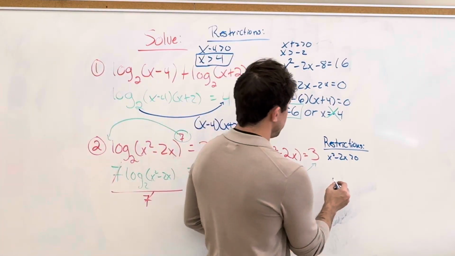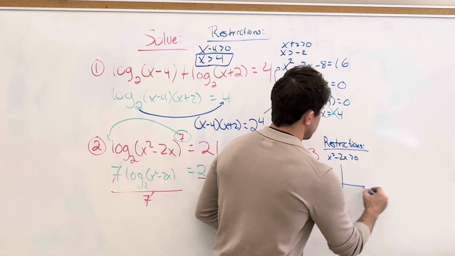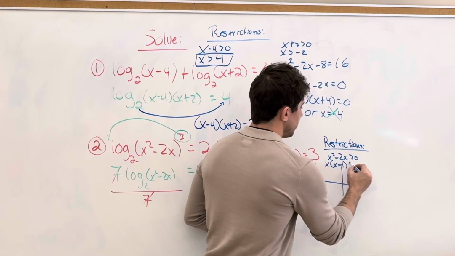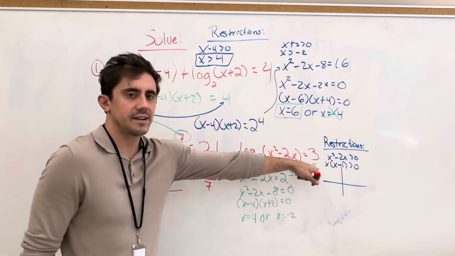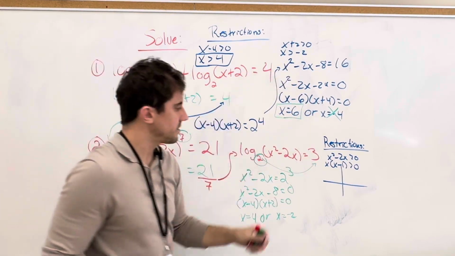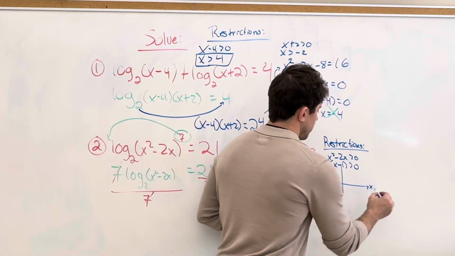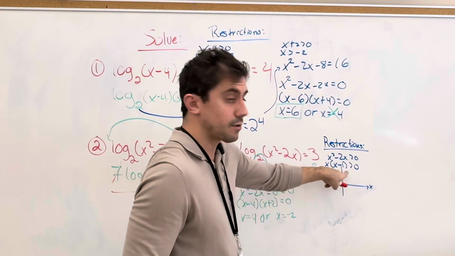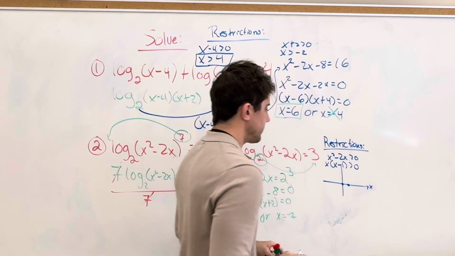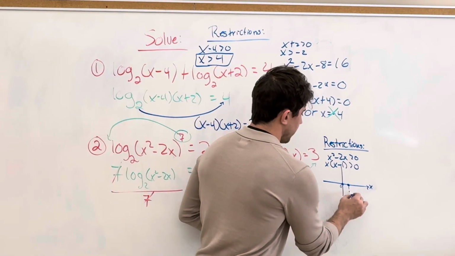Now, if you imagine what x squared minus 2x looks like, well, that's x times x minus 2. And so when is that function greater than 0, i.e. above the x-axis, right? Well, it's going to have roots at 0 and at 2.